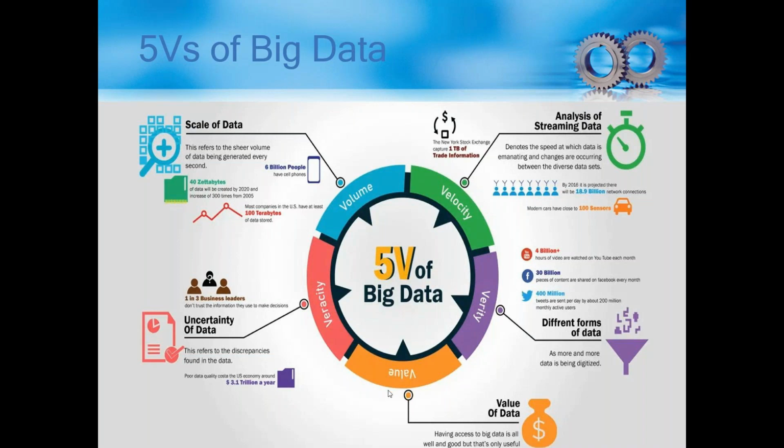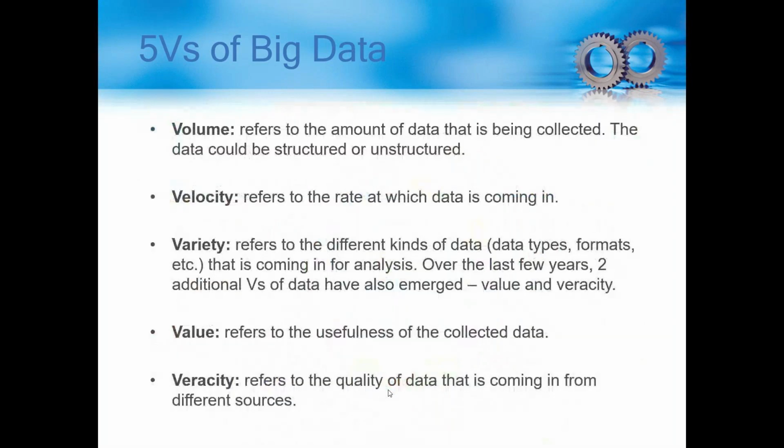Okay, and the fifth one is veracity. It refers to the quality of data that is coming in from different sources. Value refers to the usefulness of collected data.